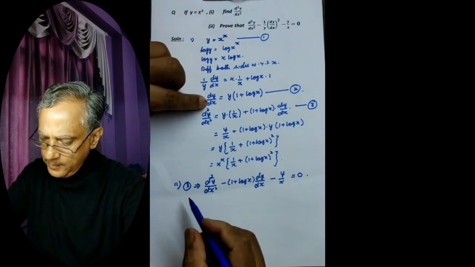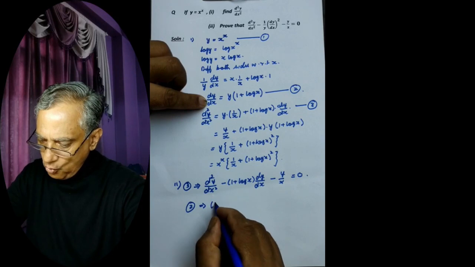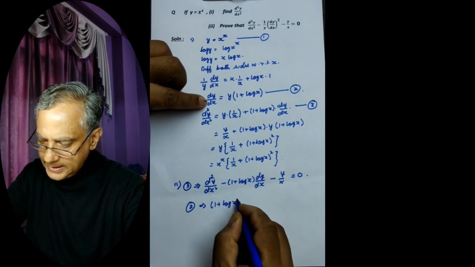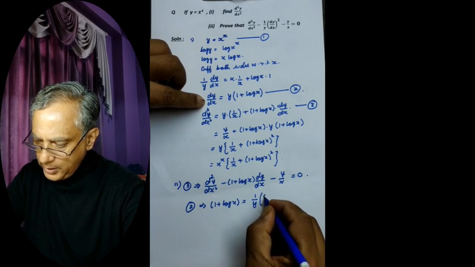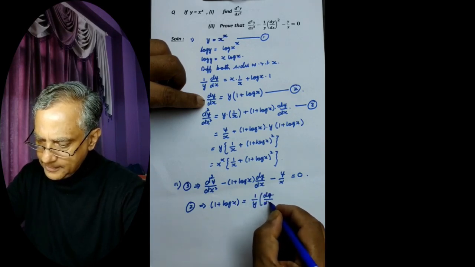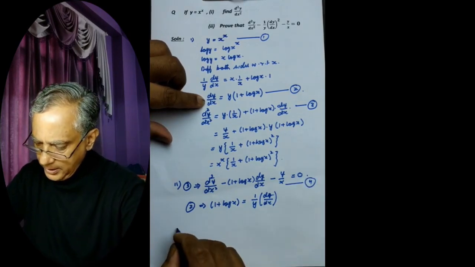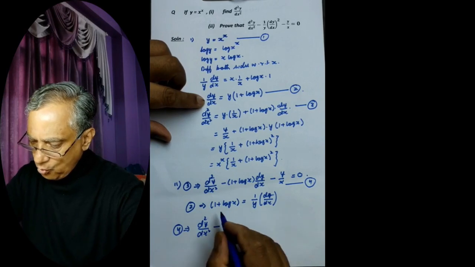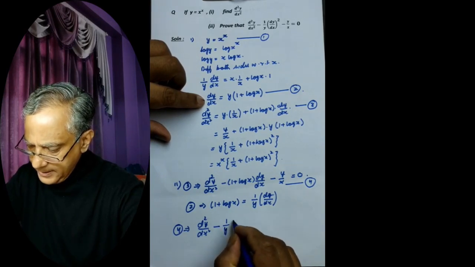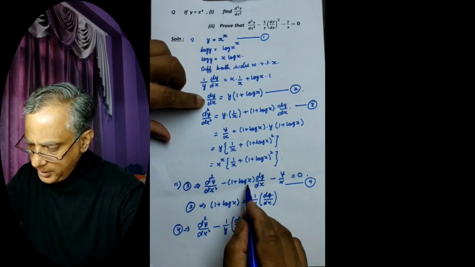So from 2 we have 1 plus log x is equal to 1 by y into dy by dx. And substituting in 4, we get d2y by dx square minus 1 plus log x, which is 1 by y into dy by dx, into dy by dx.